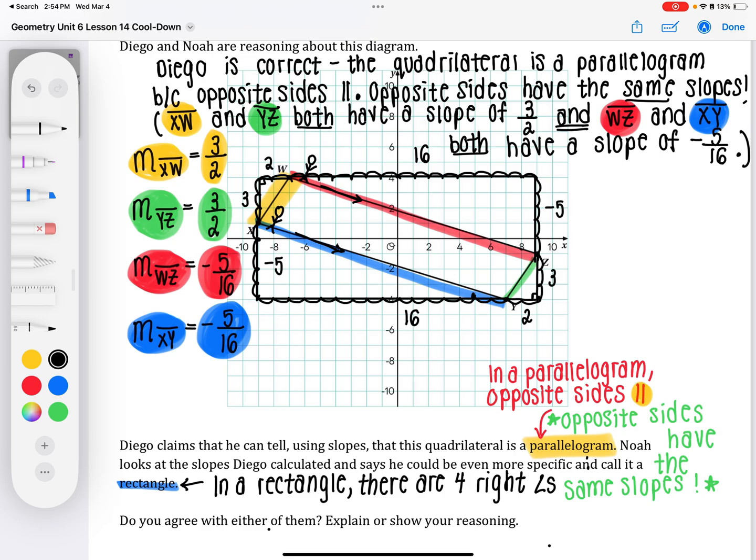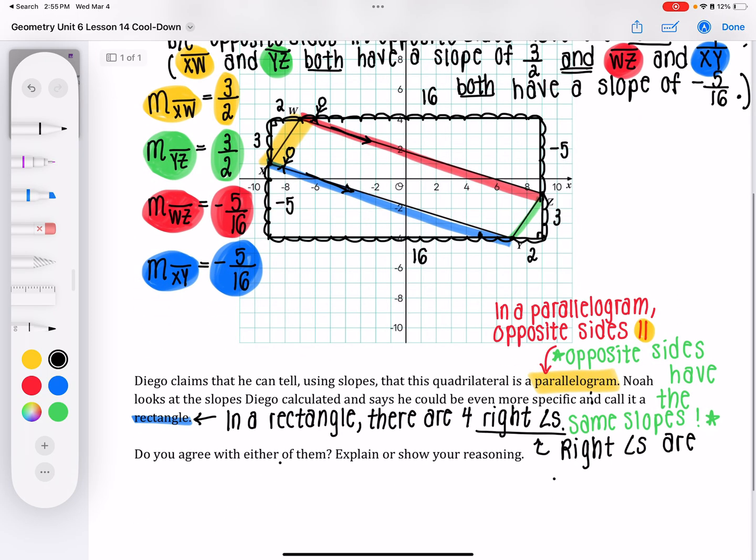And I know that right angles are formed by perpendicular lines.